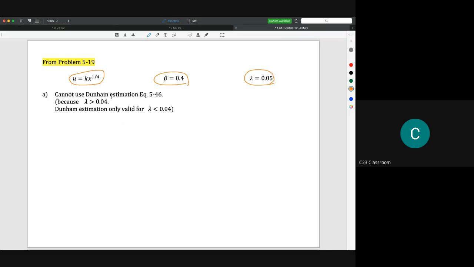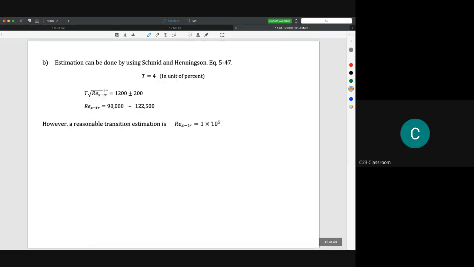We also calculated this one, and we found that lambda is greater than 0.04. So that means we cannot use Dunham, so we could use the Blumer. This is for the free stream velocity that has a turbulence level.